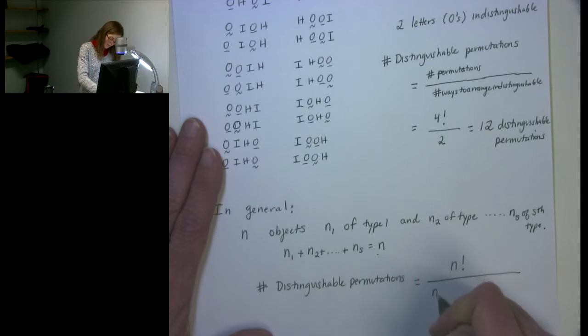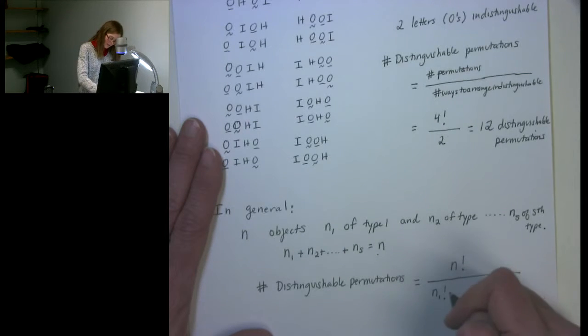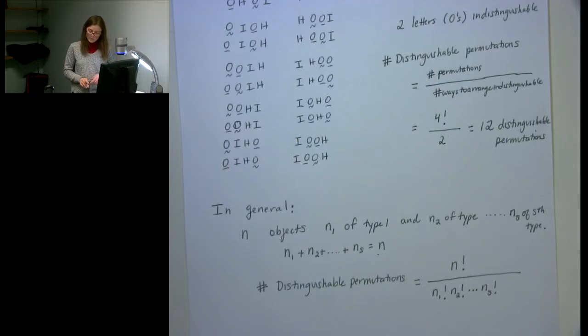So that's n1 factorial, the number of ways I could permute the objects of type 1, times n sub 2 factorial, which gives me the number of ways I could permute the objects of type 2, and so on. I'm going to multiply by all the n's up through n sub s factorial.